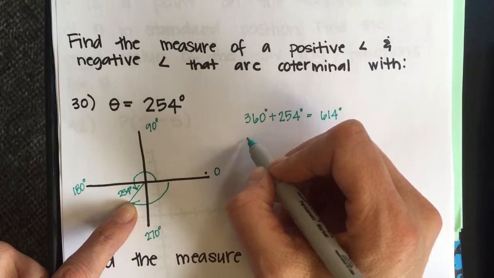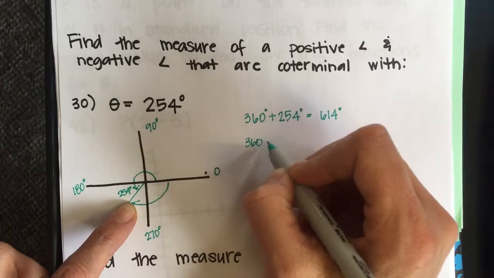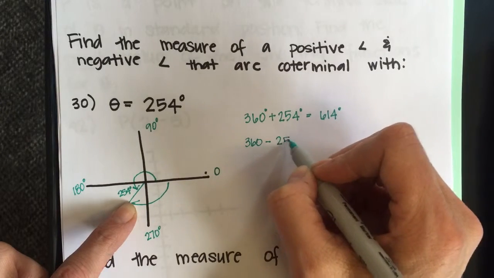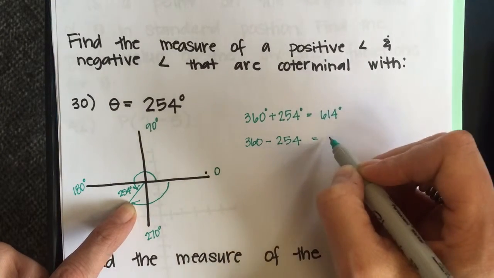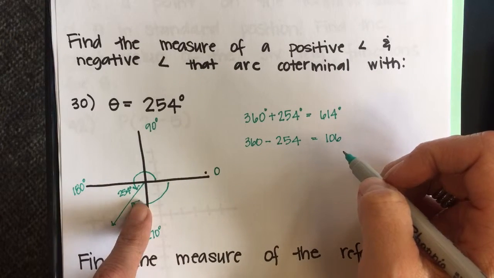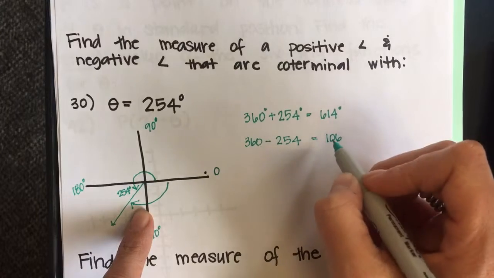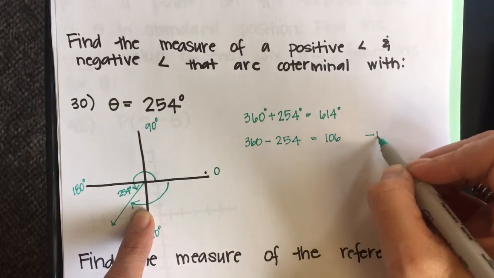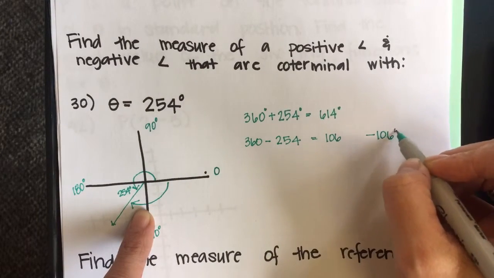So you can do 360 and subtract 254, and that gives you 106. But remember that you're going down first. You're going in a negative direction. So your answer would have to be negative 106 degrees.